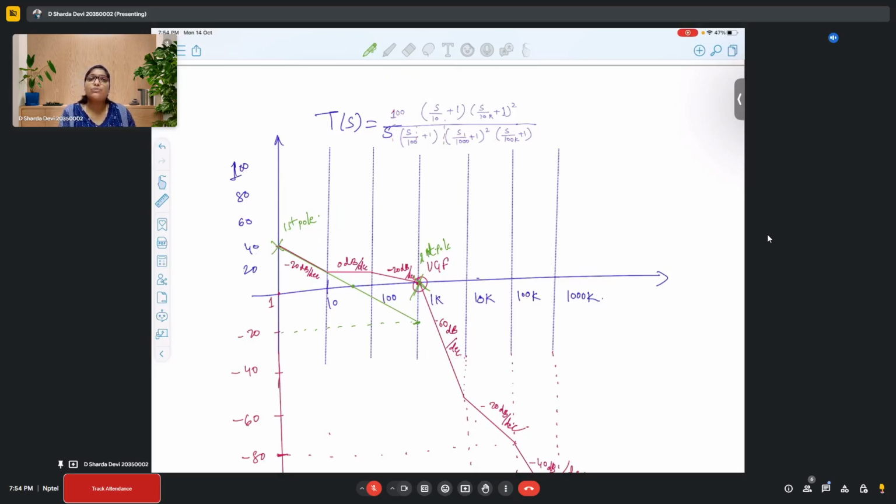Oh, okay, so you mean the gain at a particular frequency would change, and that would change other things. Right.